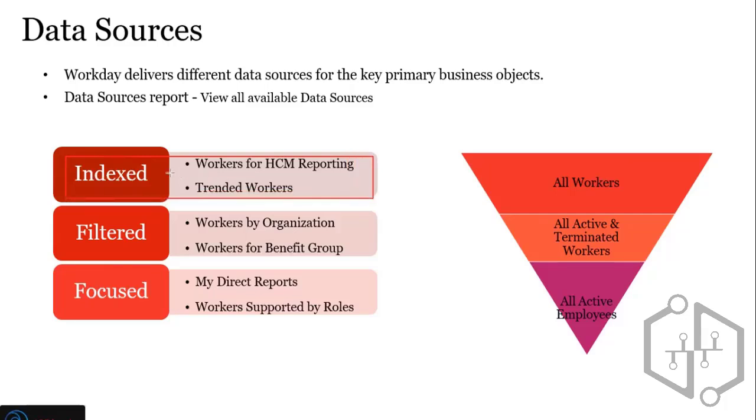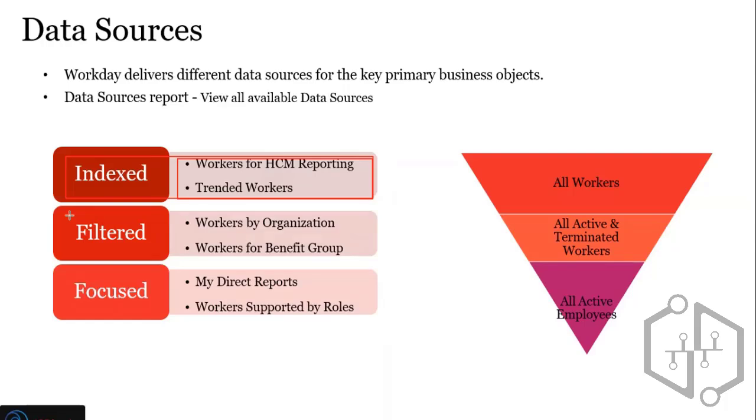These are some examples of indexed data sources available on your worker business object. If there is an indexed data source available which can take care of your requirements, start with that. If there is no indexed data source available, then you would go for a standard data source.